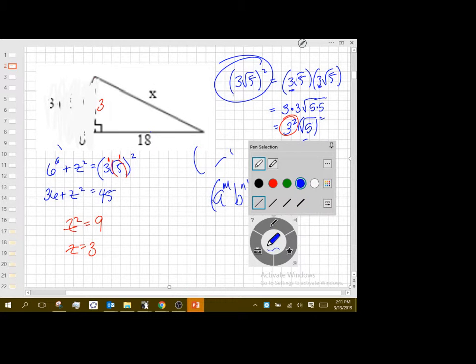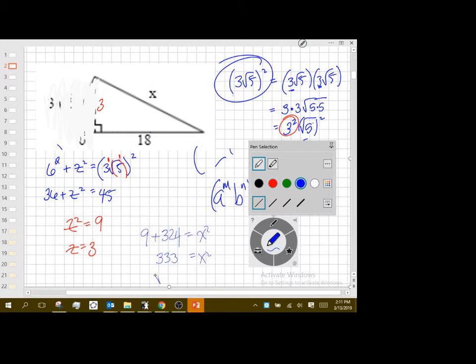Okay, so what's 3 squared? 9. Plus then what's 18 squared? Oh, sorry, my fault. 324. That should equal x squared, right? So you add those together, you do get 333 is equal to x squared.